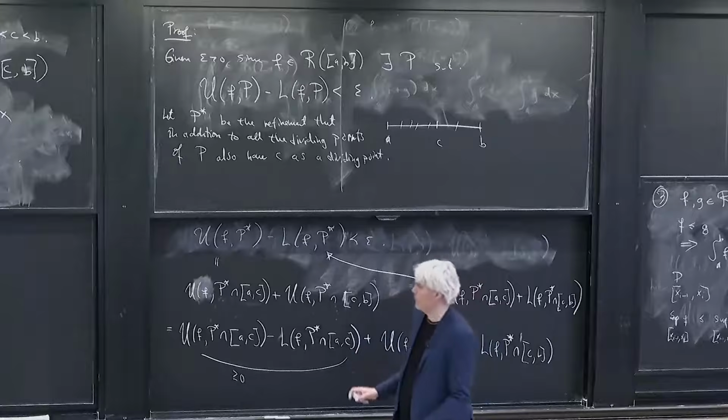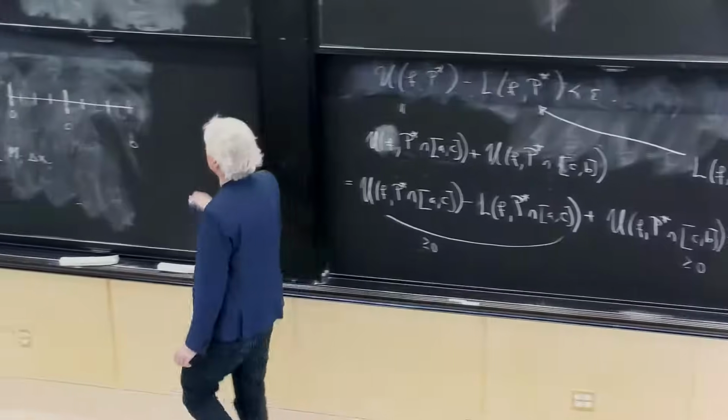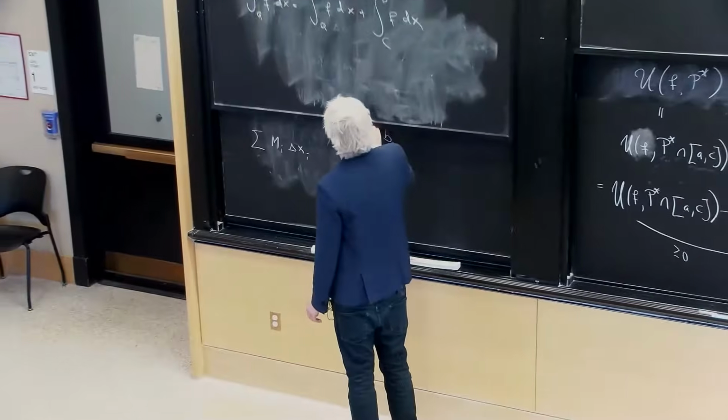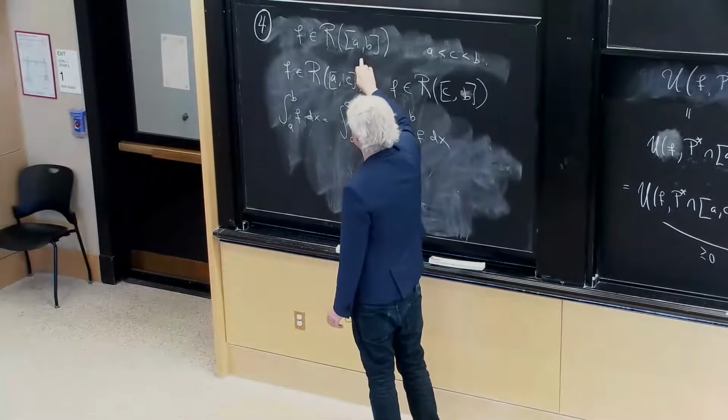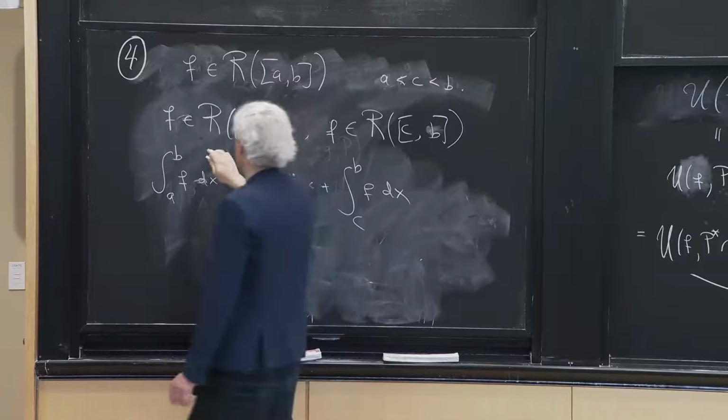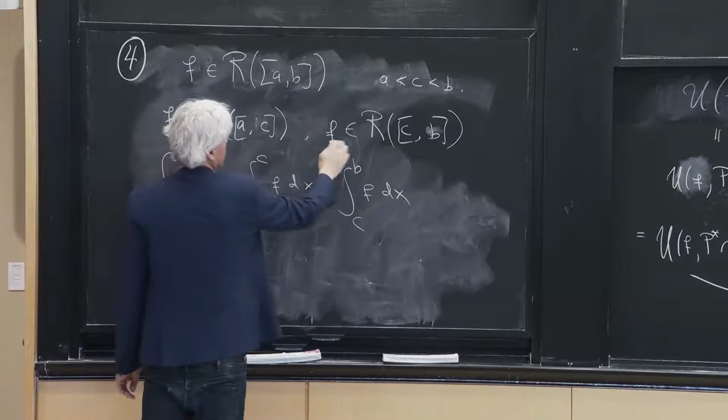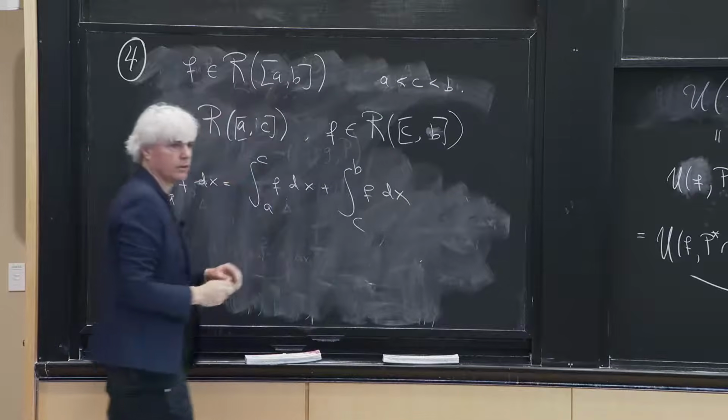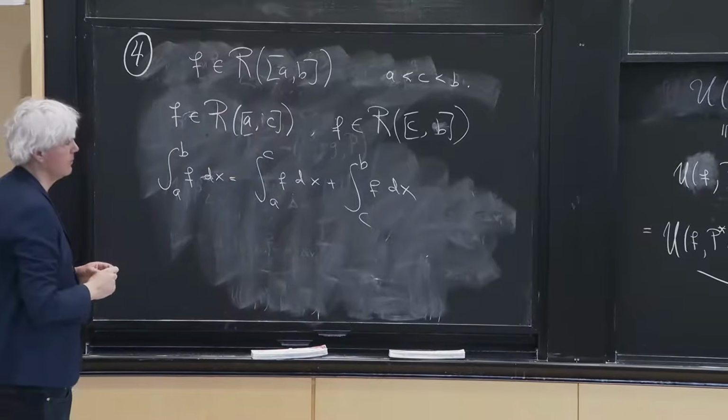So what this proves is that if you take this function and it is integrable on this interval, and you now restrict it to either of those, they are also integrable. Right? That's what it actually proves.